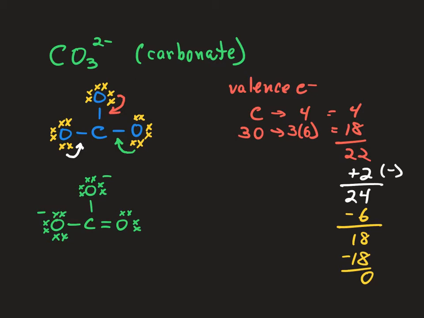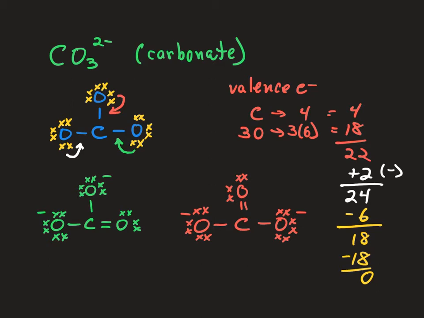So if we pick the red arrow, we get something like this. Unshared pairs, negative charge on that oxygen. Negative charge on that oxygen.